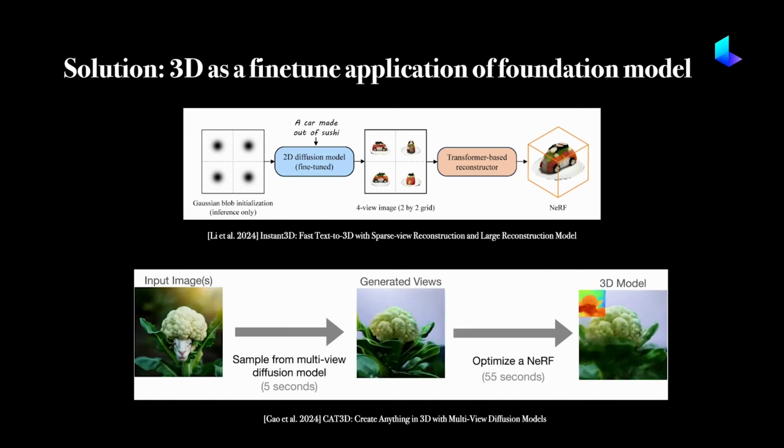So a very common solution nowadays is to use multi-view 2D generative models that are fine-tuned from the flat, non-multi-view versions, and then convert these representations into a 3D object. Here I'm showing two representative works in this direction.